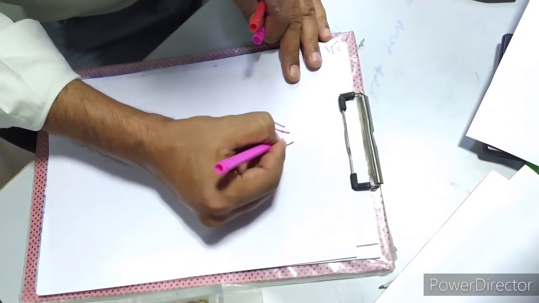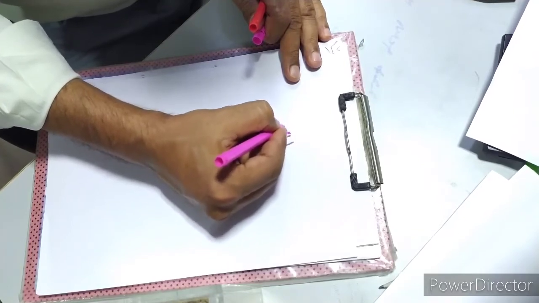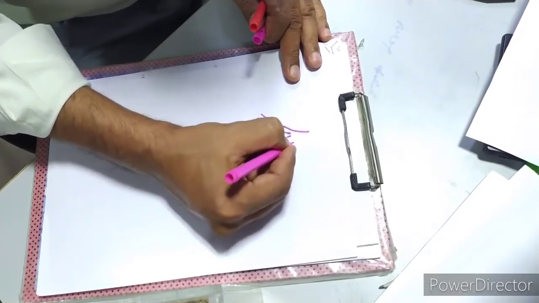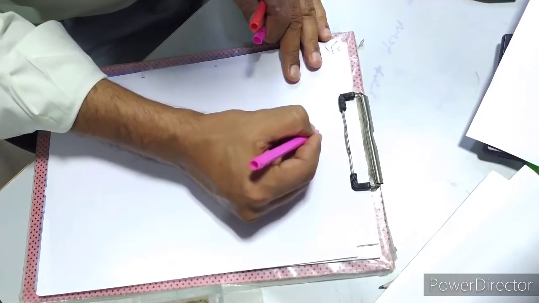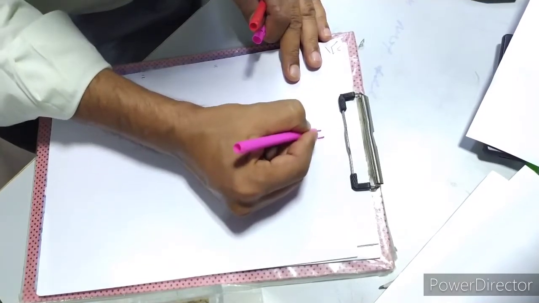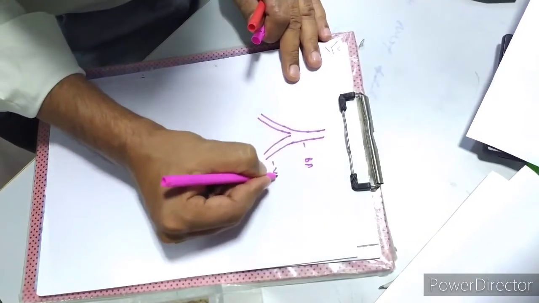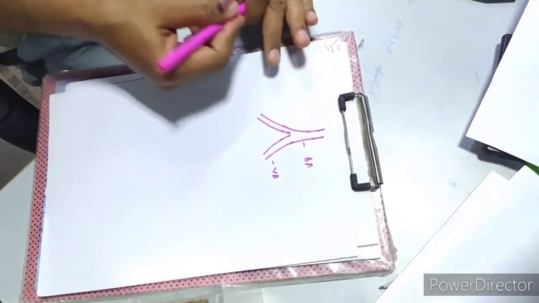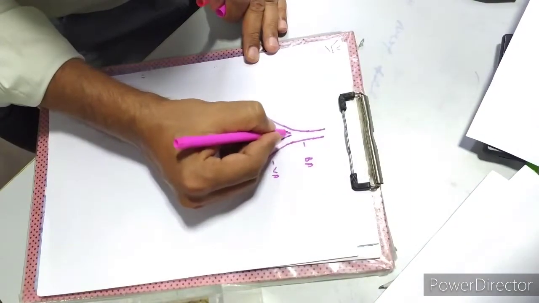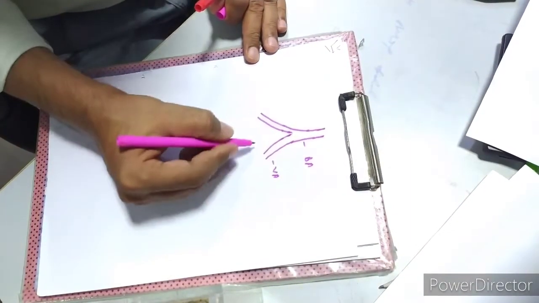These two vertebral arteries unite to form the basilar artery. This is the basilar artery, this is the vertebral artery. Now what are the branches? Look here: the vertebral artery, the cerebral part.